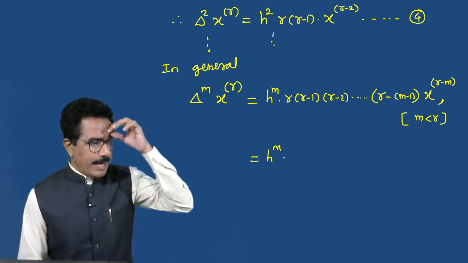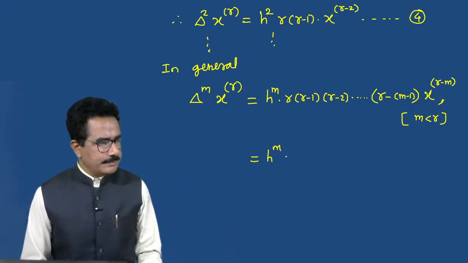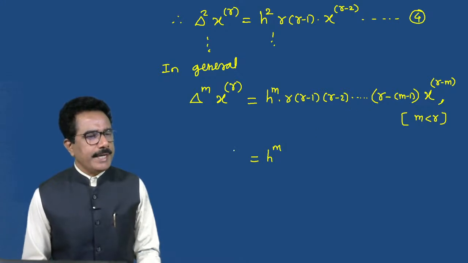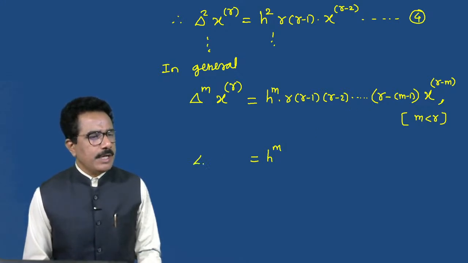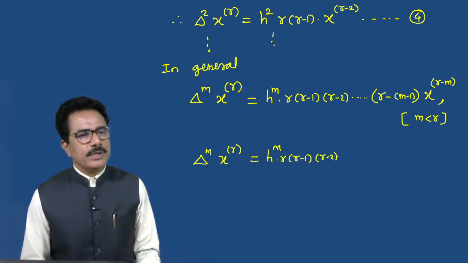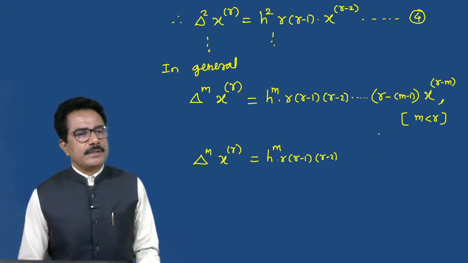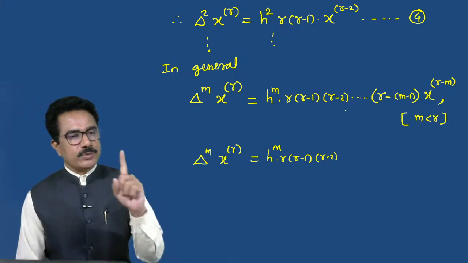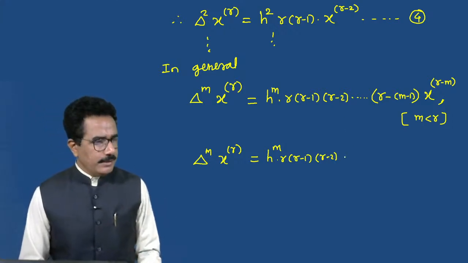now look here, delta x raised to r, this r minus 1, r minus 2, we get delta x to raise. So delta raised to m x raised to r factorial is h raised to m into r minus 1, r minus 2, dot dot dot, which we write as x minus 1, x minus 2 if h is equal to 1.